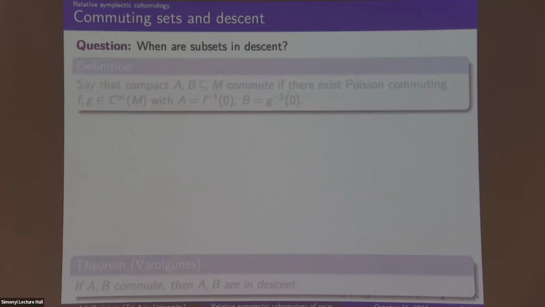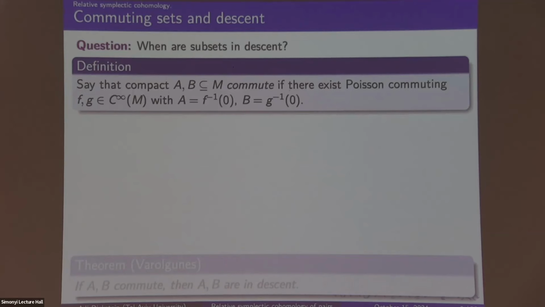We can define the notion of Poisson commuting sets. We say that sets A and B commute if there are Poisson commuting functions such that A and B are exactly the zero sets of these functions.